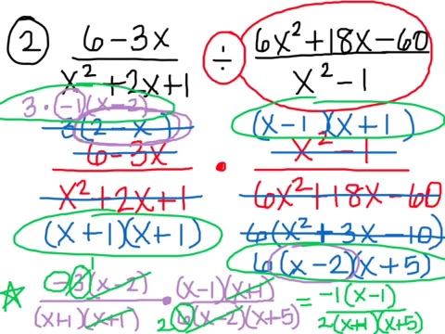The only thing that you could possibly do differently is sometimes people will distribute this negative through, and then they'll switch it to where this becomes a 1 minus x on the top. It's just a little simpler than writing what was there originally. So you could rewrite the top as 1 minus x.